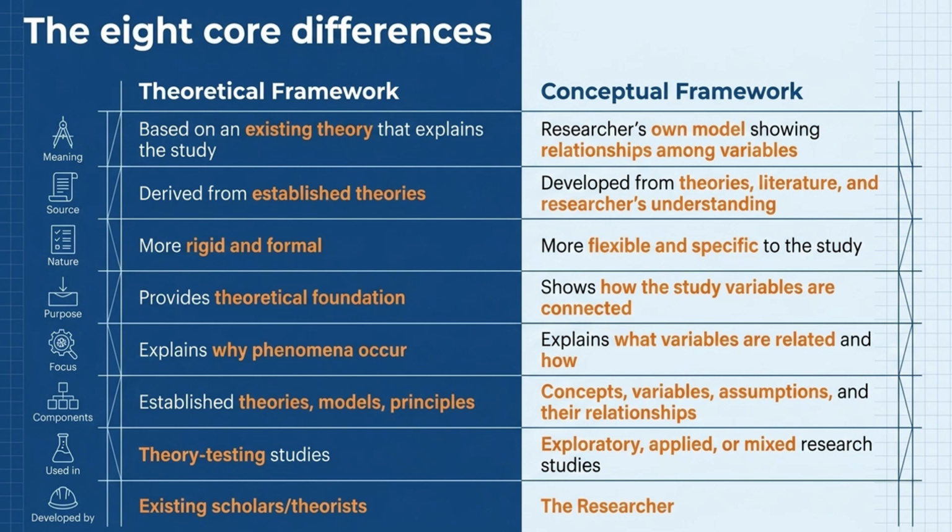Theoretical framework consists mainly of theories, models, and principles. On the other hand, conceptual framework consists mainly of the concepts, variables, assumptions, and their relationship. Theoretical framework is developed by existing scholars and theorists, whereas conceptual framework is developed by the researcher for a specific study.